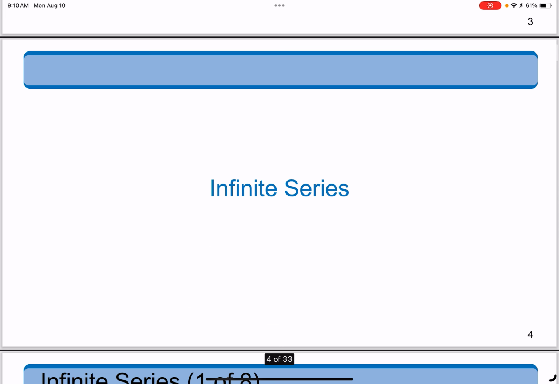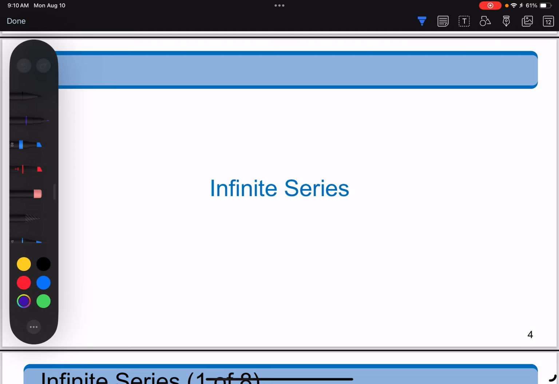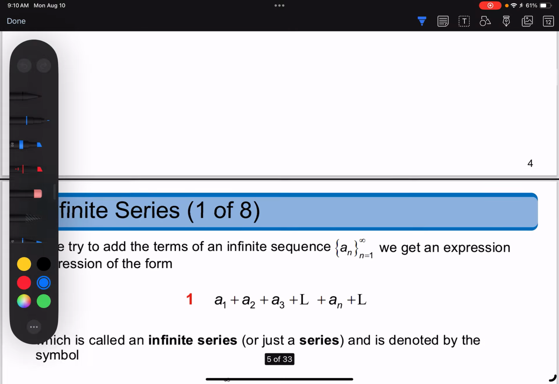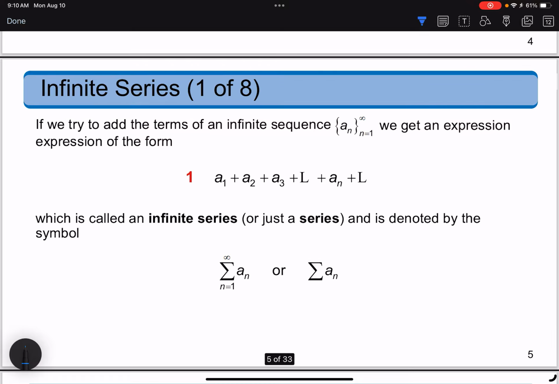Let us now consider this to be an infinite sequence. If we try to add the terms of an infinite sequence, the sum of an infinite sequence is a series.